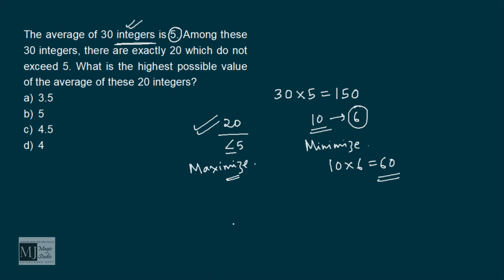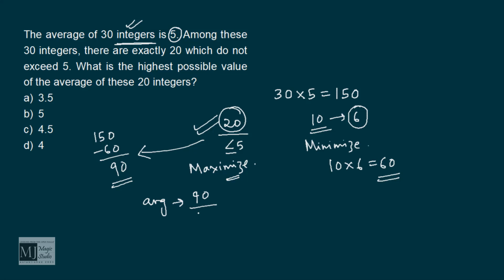So the maximum total which can be of these 20 is 150 minus 60, that is 90. So the highest possible average of these 20 is 90 by 20, that is 4.5. Option C fits in.